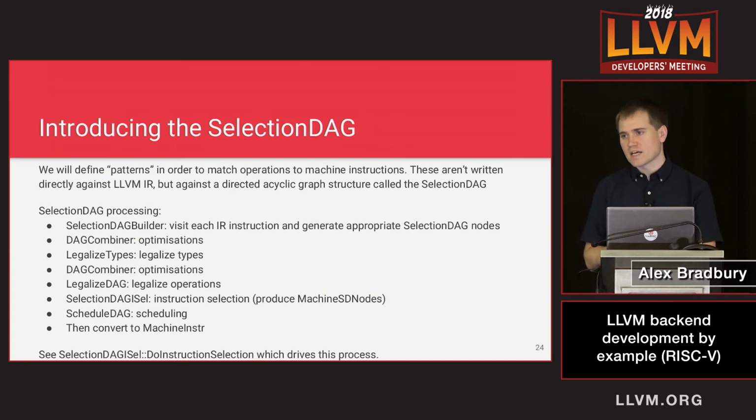These legalization passes are structured in a way that they do something fairly simple and naive. So after the legalization phase, you want to do another call of the DAG combiner in order to clean up any messy operations which we generated. Then there's a second legalization phase. Once the types are legalized, there might still be some operations which aren't actually legal.